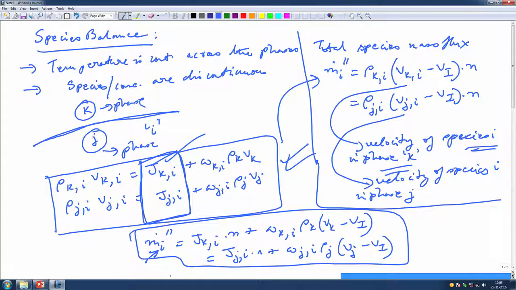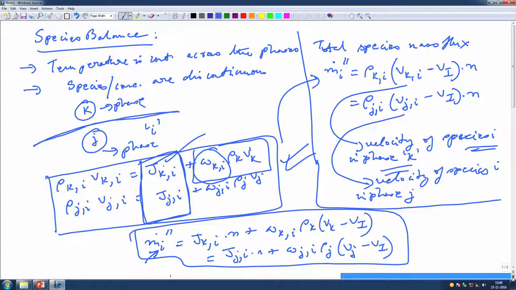On the other hand, this is the bulk velocity with which phase k or phase j is moving, and as it moves, it carries with it the mass fraction of species I. So, it has two components, bulk and diffusion.